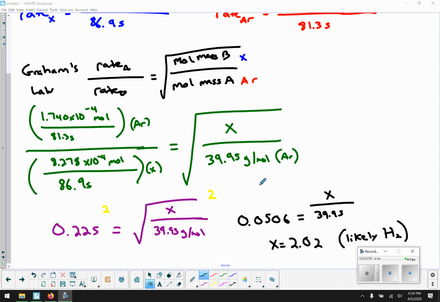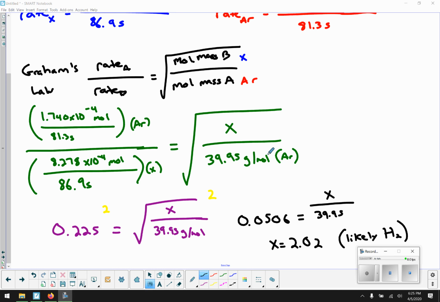I squared both sides, and if you do that, you get 0.0506 equals x over 39.95. The square of a square root just removes the square root sign. So when I multiply both sides by 39.95, I assume at this point you can solve it, I get that my x, my molar mass, would be 2.02 grams per mole.